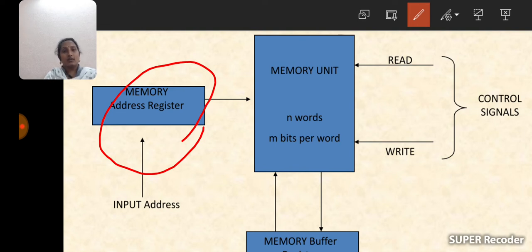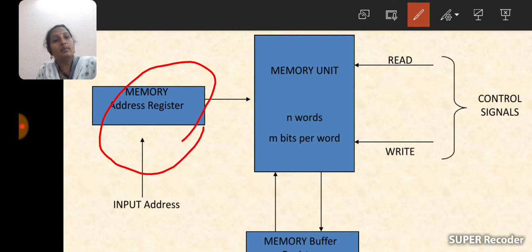To which location we enter the data, or from which location we recall the contents, we address that particular location. That addressing is very essential. And here the input address is entered first, then only the data must be entered.